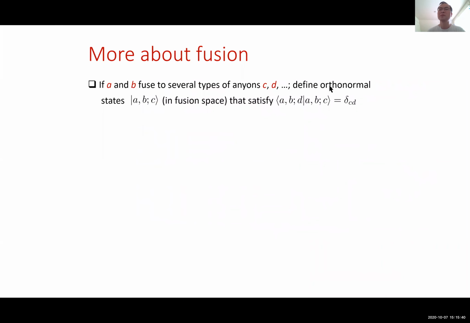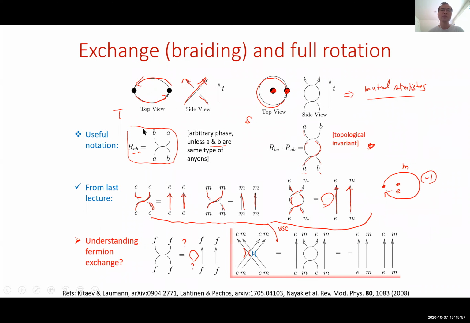There seem to be people posting on charge E and M here from the toric code. Yeah, so I'm using the example from the toric code to illustrate that. These are examples on the toric code from the last lecture.